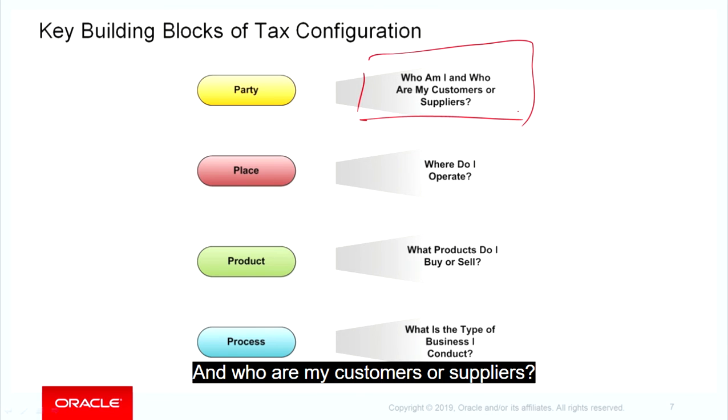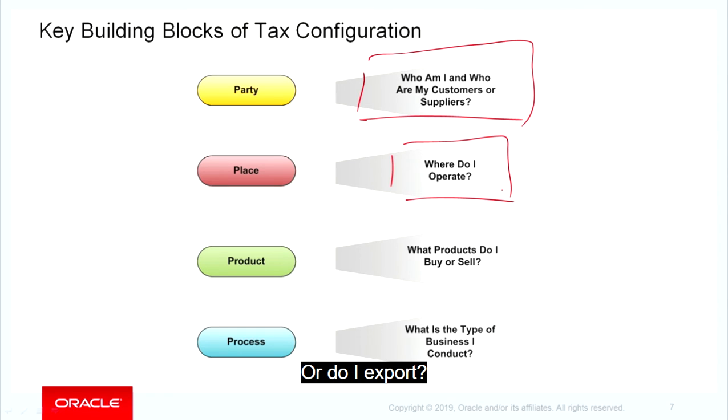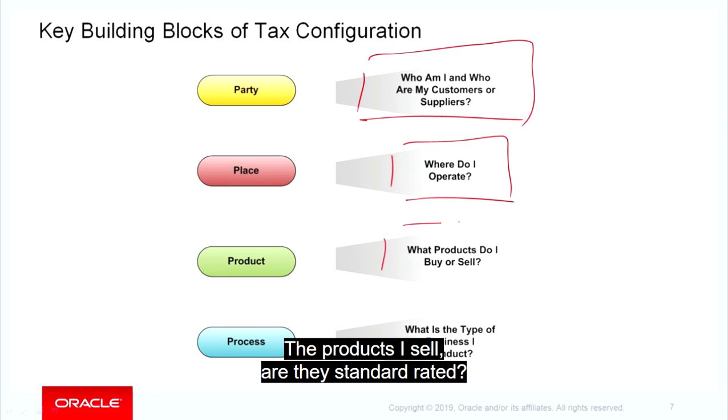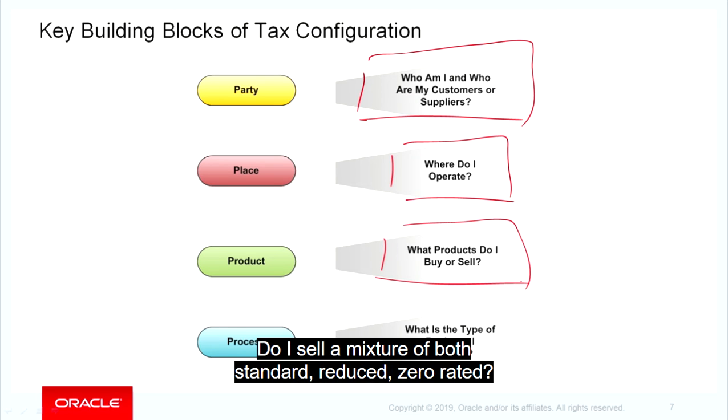And who are my customers or suppliers? Where do I operate? So my place, is it restricted just to within my country boundaries, or do I export? Do I have any inter-zone movements? The products I sell, are they standard rated? Are they 0 rated? Do I sell a mixture of both standard, reduced, 0 rated?